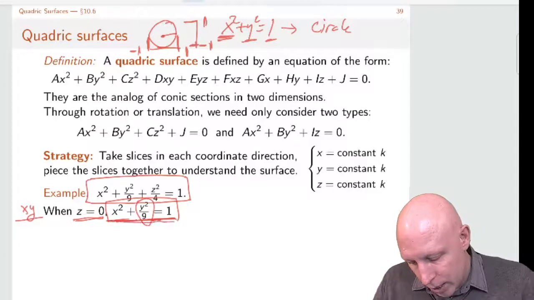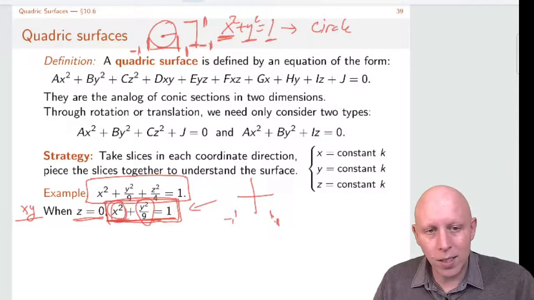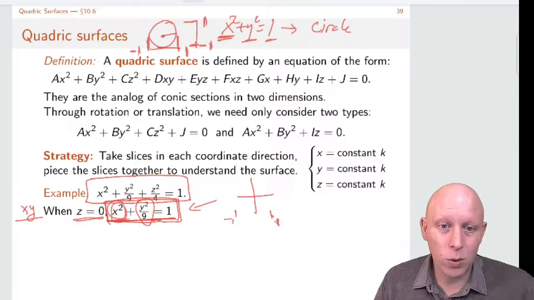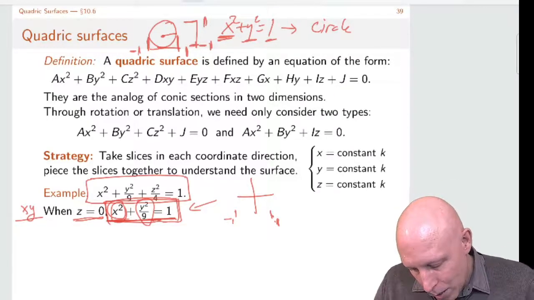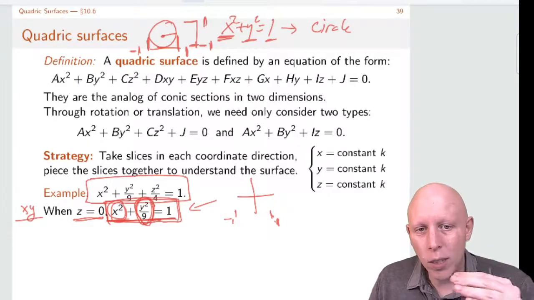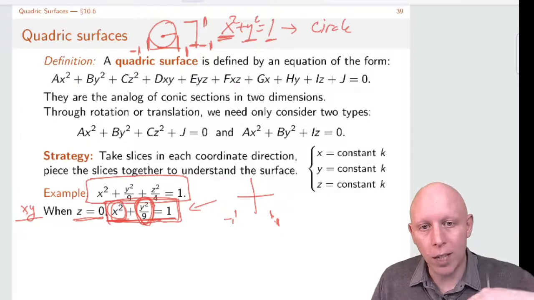So in this picture, x still goes from -1 to 1, because when x is between -1 and 1, then x squared is less than or equal to 1. But now this y squared over 9 is telling us y could really go up to 3, or -3.